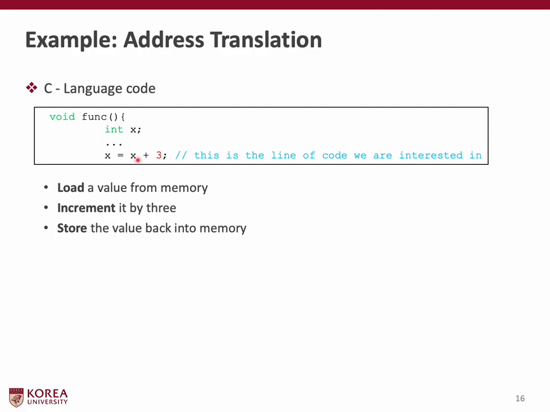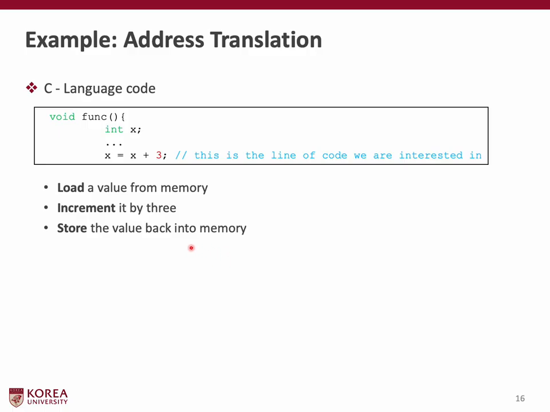So what happens here is pretty straightforward. The program first loads the value of x from memory, and then it increments that value by 3, and finally it stores the updated value back into memory.